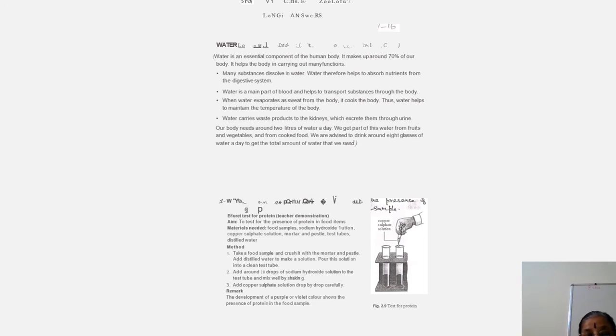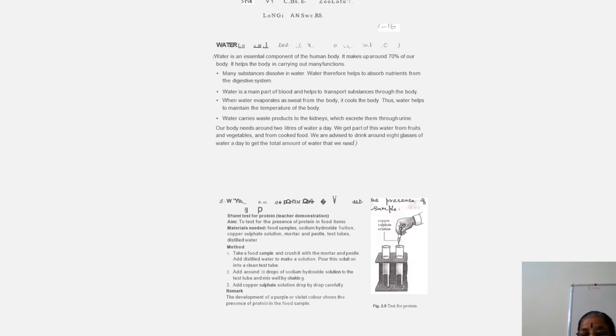So the presence of purple or violet color shows the presence of protein. I hope you understand. This is the test for protein, that is called the Biuret test. I repeat, the test for protein, Biuret test.